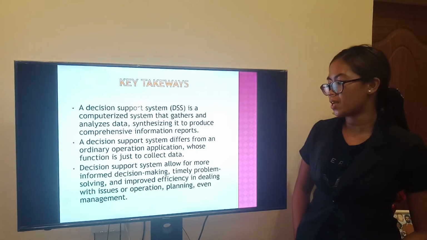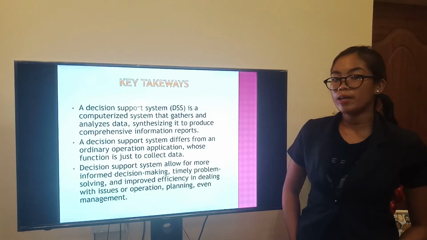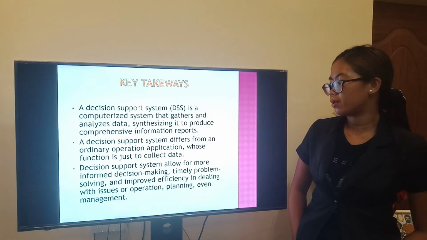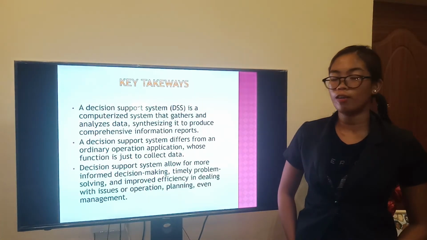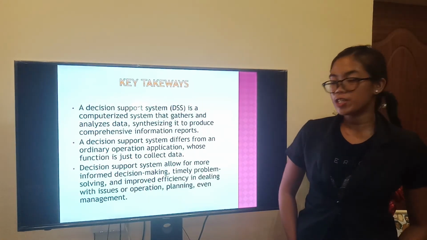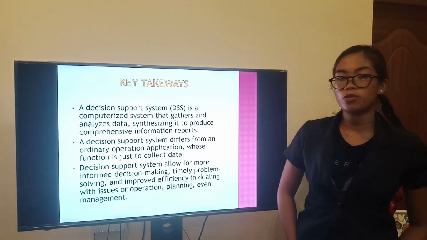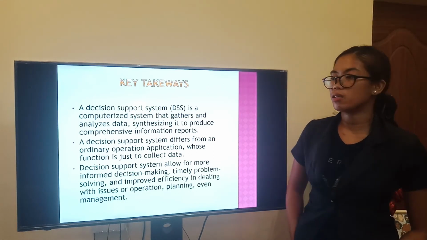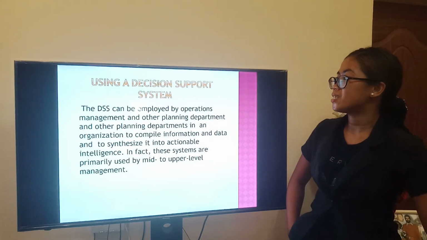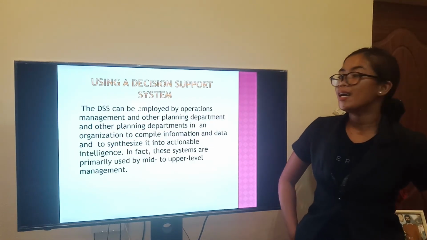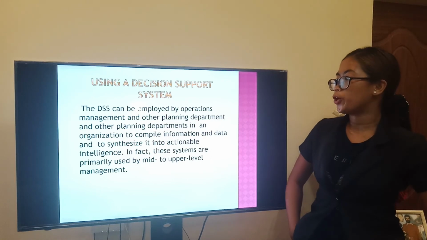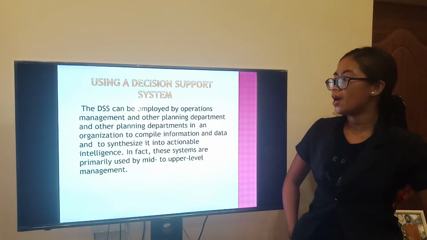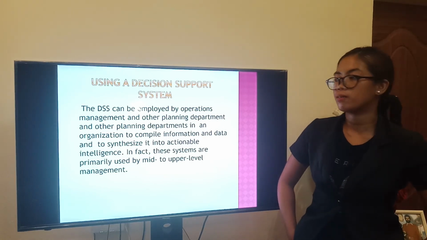Decision support systems allow more informed decision making, timely problem solving, and improved efficiency in dealing with issues or operations, planning, even management. The DSS can be employed by operation management and other planning departments.